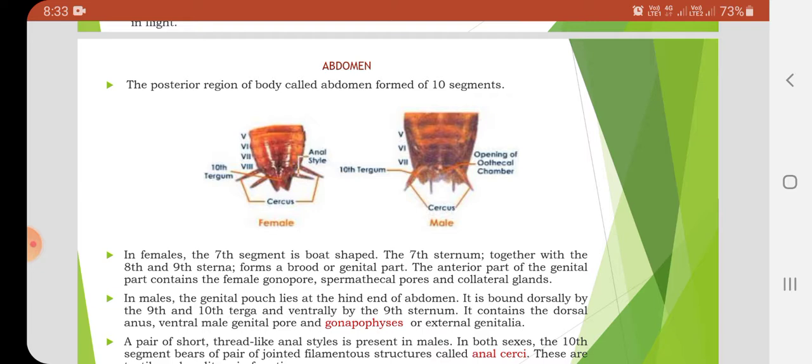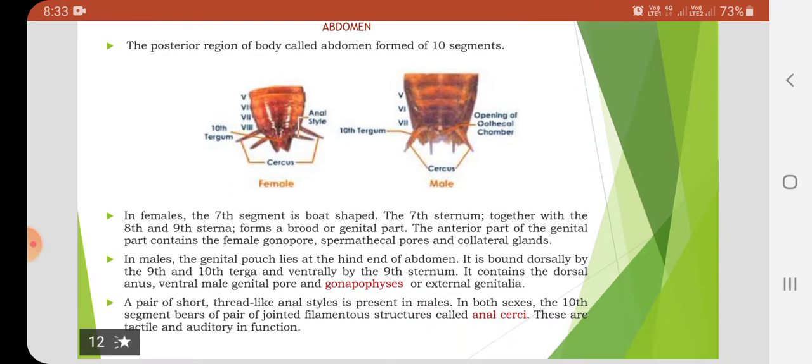Gonapophyses arise from the ninth segment in male and eighth and ninth segments in female. A pair of short, thread-like anal styles is present in males. The 10th segment bears a pair of jointed filamentous structures called anal cerci. These are tactile and auditory in function.